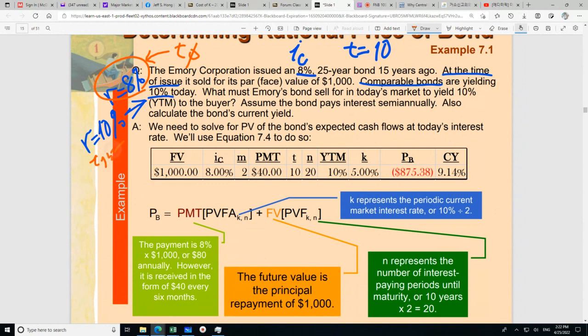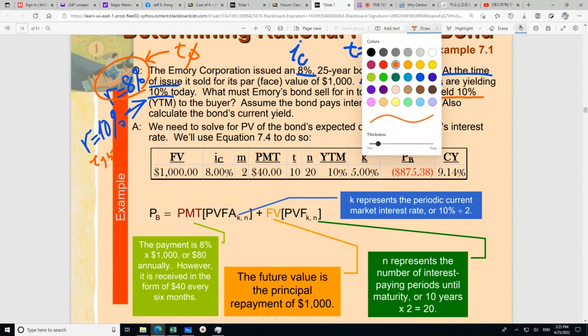So in other words, we are at time 15. We have everything we need. What must Emory's bond sell for in today's market to yield 10%? What does that mean? This means this is the discount rate.